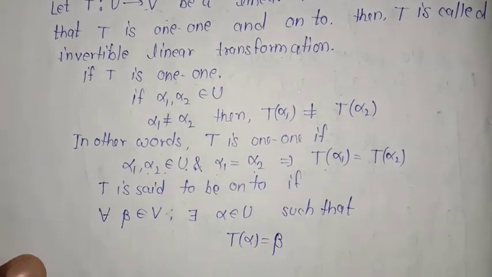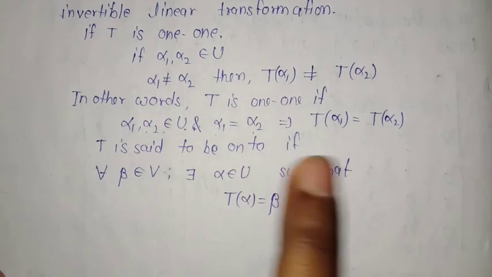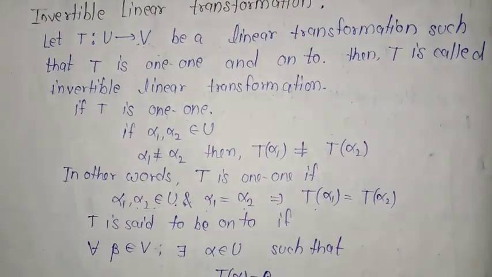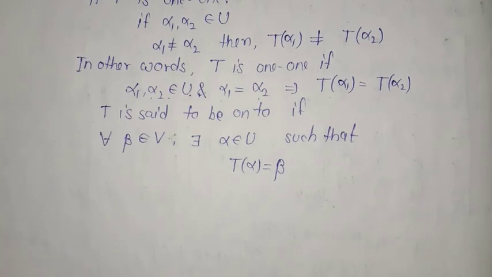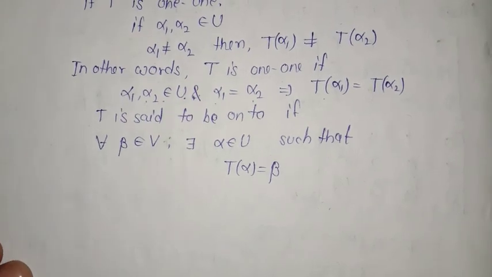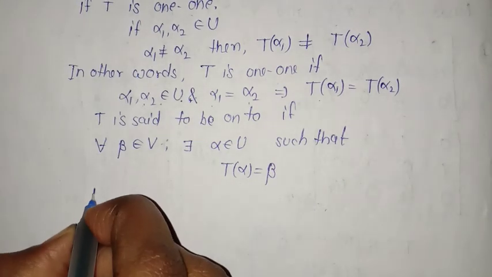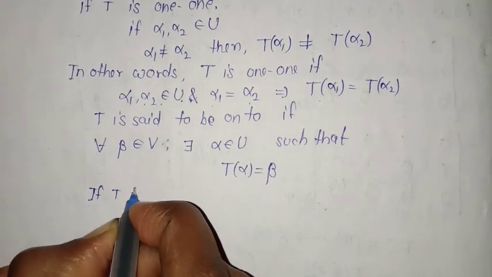So if this condition holds, we say that T is onto. Now if T is both 1-1 and onto, then we can say that T is an invertible linear transformation.